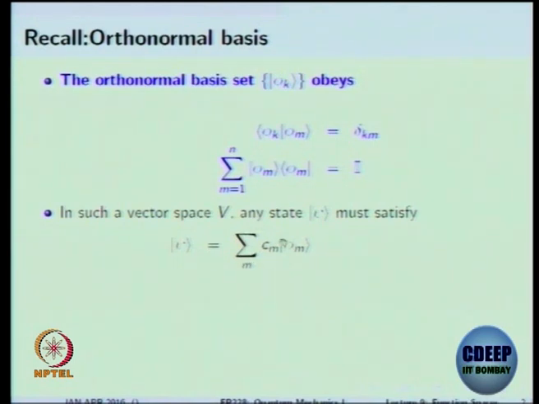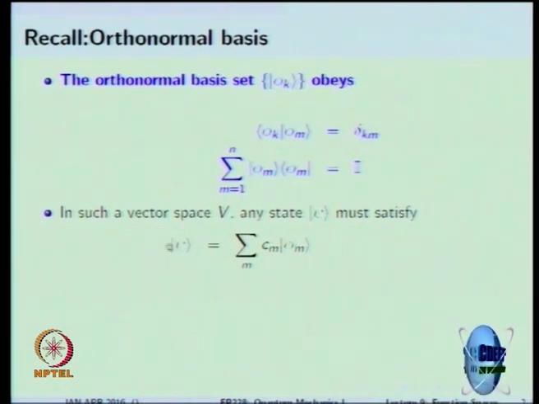In general, it could be complex if the vector space is a complex vector space, and Cm is the coefficient, and you can determine what Cm is by taking inner product on both sides and applying this orthogonality condition, right.